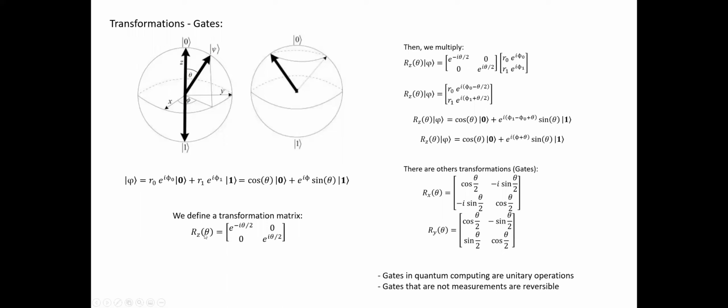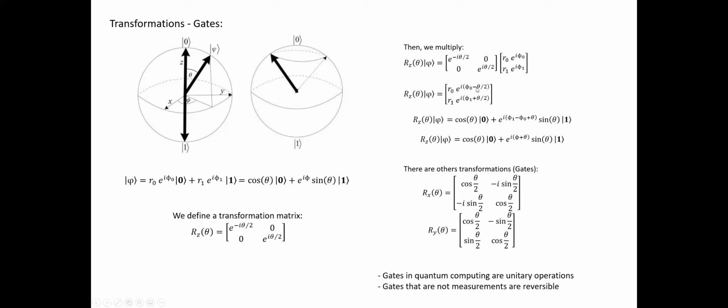So this transformation matrix is a rotation of theta value around the z-axis, like the second figure. We're going to rotate the qubit around the z-axis.